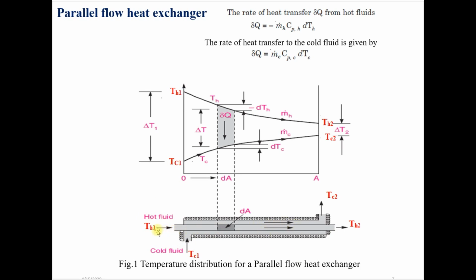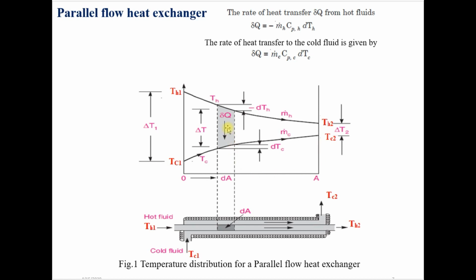Hot fluid Th1 to Th2, cold fluid Tc1 to Tc2. Both flow in the same direction. That is parallel flow. Hot fluid inlet temperature is Th1, outlet temperature is Th2. Cold fluid inlet temperature is Tc1, cold fluid outlet temperature is Tc2.